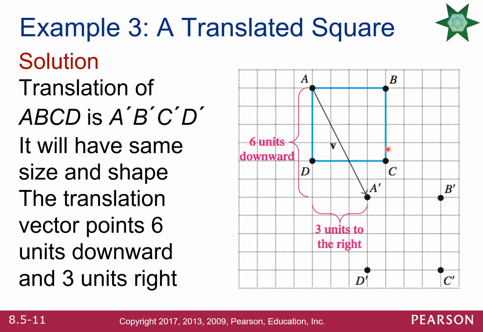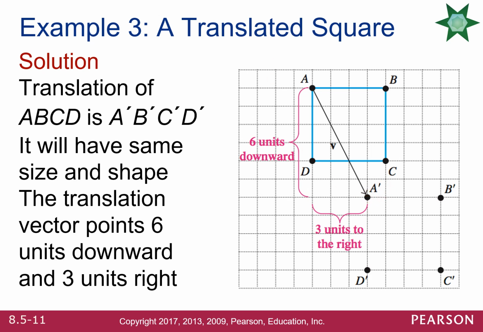C was 1, 2, 3, 4 units down from B, and that's how it stays, 1, 2, 3, 4 units below B dash in this case, and in a similar way we position D dash, and we get the new figure A dash, B dash, C dash, D dash once we connect the points. So once we get the first point position correctly, all the other points will take their position with reference to A, or A dash in this case.